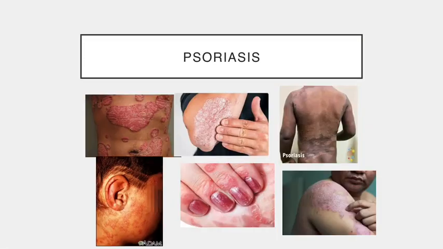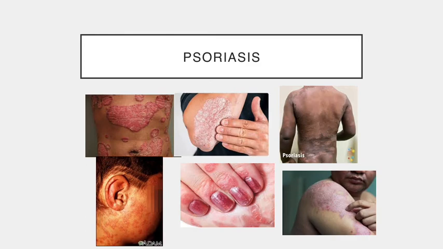Okay, so moving on to psoriasis. Psoriasis is very common, a benign chronic inflammatory skin disorder. It's usually familial, and it's characterized by whitish scaly patches, and most of the time you'll see this on the scalp, the knees, and the elbows.